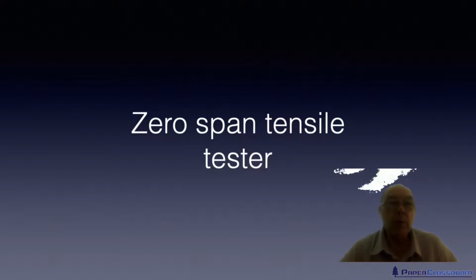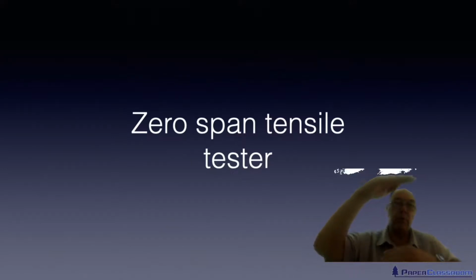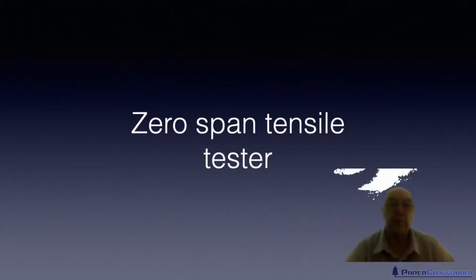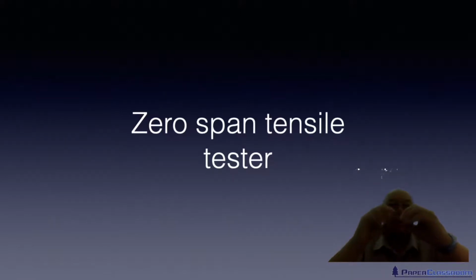Now, with normal tensile testing, you have the top jaw and the bottom jaw, and there's typically 180 millimeters difference. In his new piece of equipment, there was 0 difference. So we had the left jaw and the right jaw right up to each other, and the paper slipped in between.